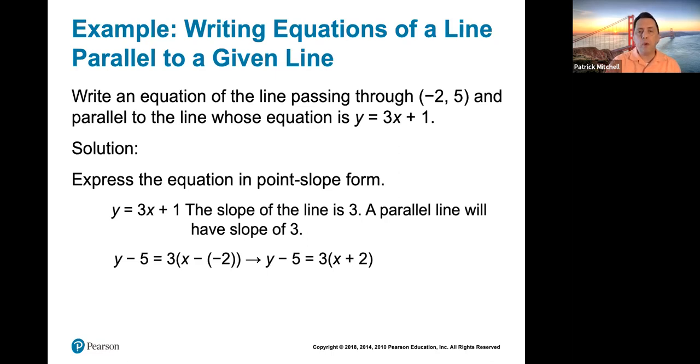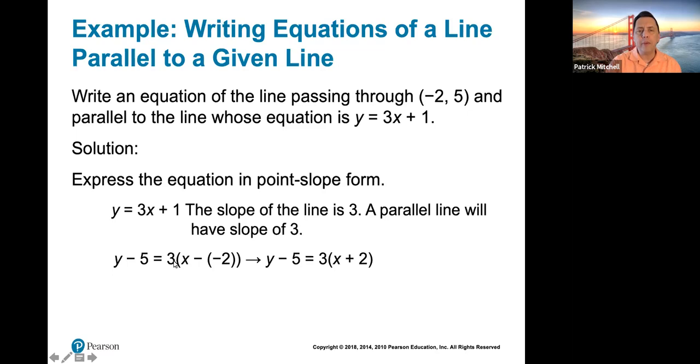Now we'll use the point-slope formula to write the equation of the parallel line. Remember, the point-slope formula is y minus y1 equals m times (x minus x1). So we're filling in 3 for m, and we're filling in (-2, 5) for x1 and y1.